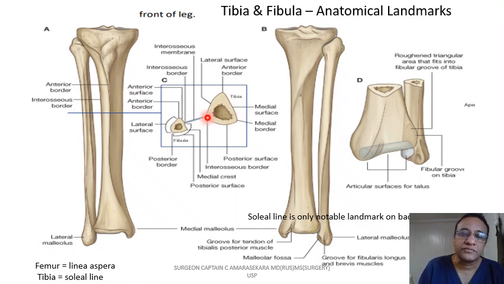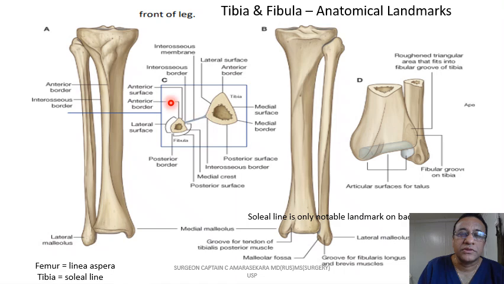Here this is the interosseous membrane, which connects both bones, fibula and tibia, and it separates the anterior compartment from the lateral compartment.